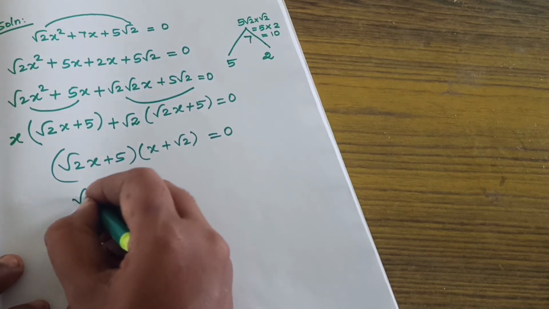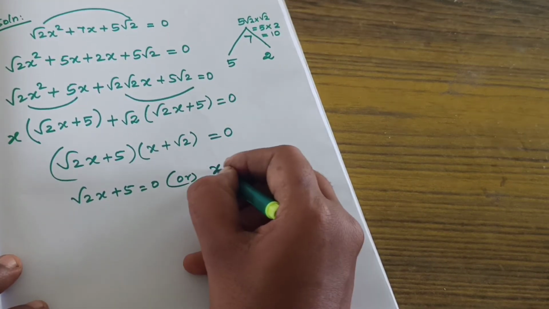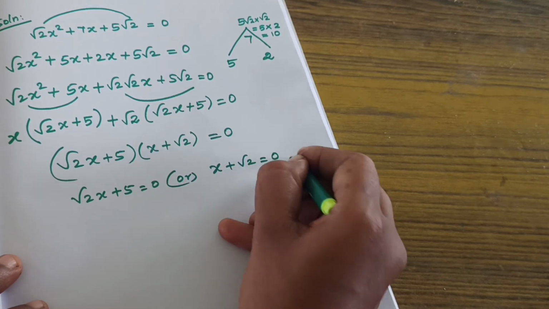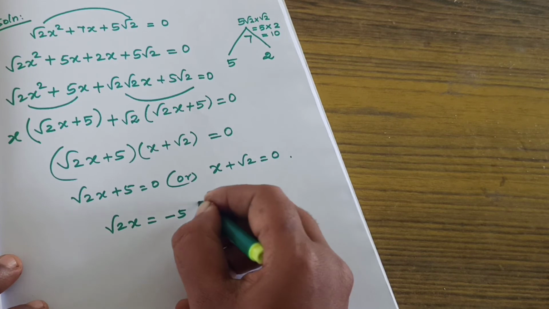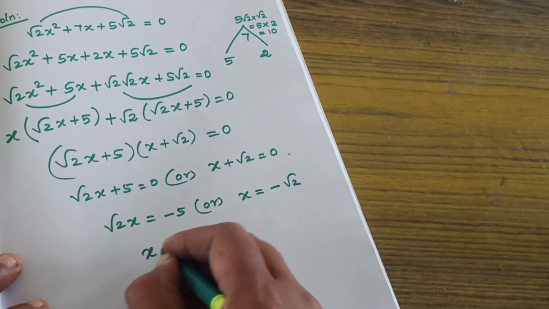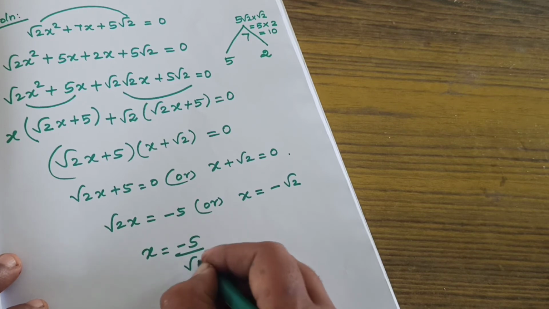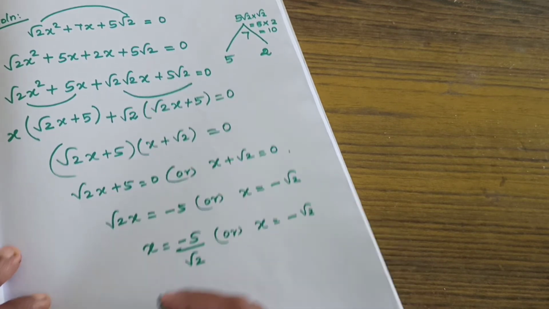Then root 2x plus 5 equal to 0 or x plus root 2 equal to 0. So, root 2x equal to minus 5 or x equal to minus root 2. So, x equal to minus 5 by root 2 or x equal to minus root 2.